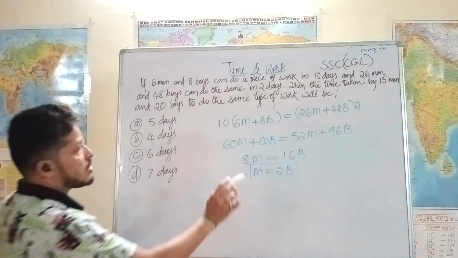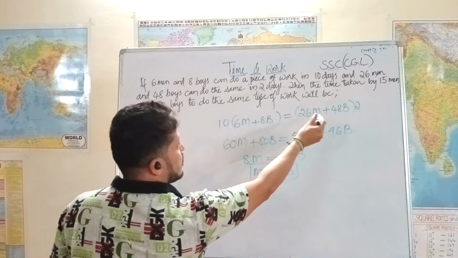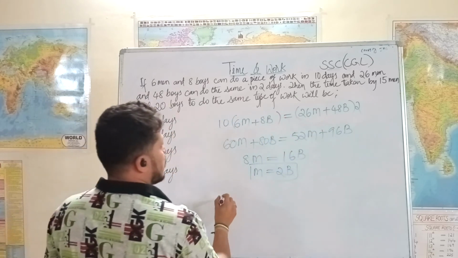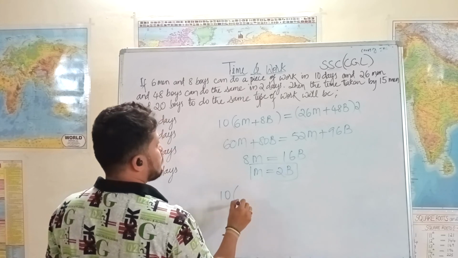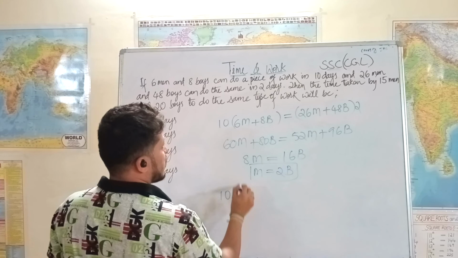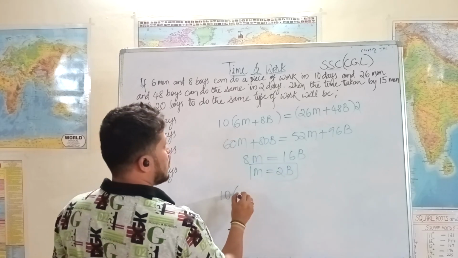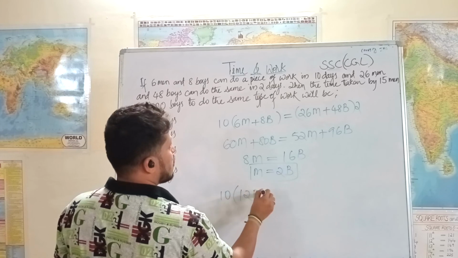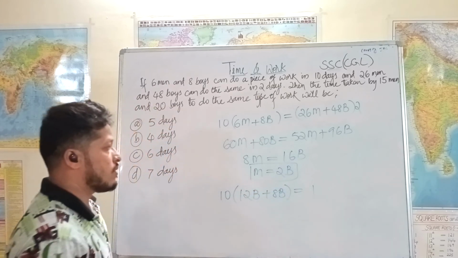Right. Now let's substitute this in one of those equations, maybe the left hand side or the right hand side. So 10 times 6 men. Instead of 6 men, let's take it as 12 boys, because M is equal to 2B. So 12 boys plus 8 boys is equal to 1.